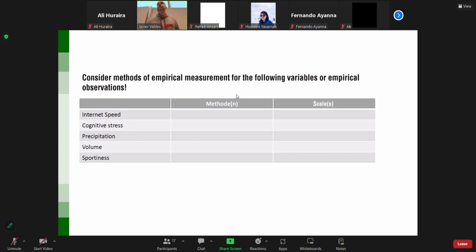Yeah, I mean, yeah, also possible. And which kind of data will you have? Interval. How does the data look like?